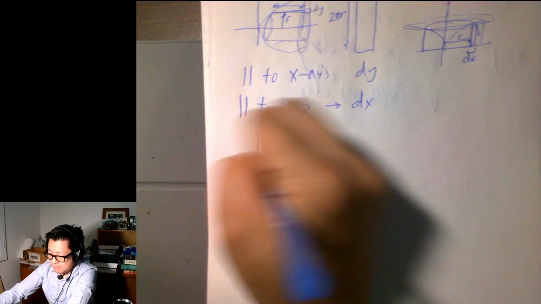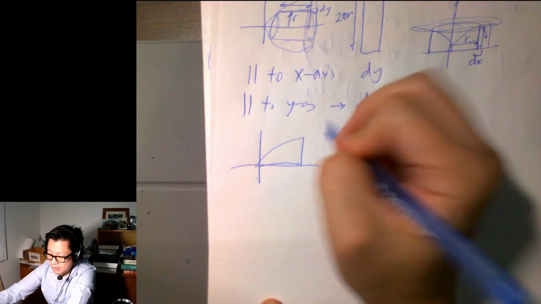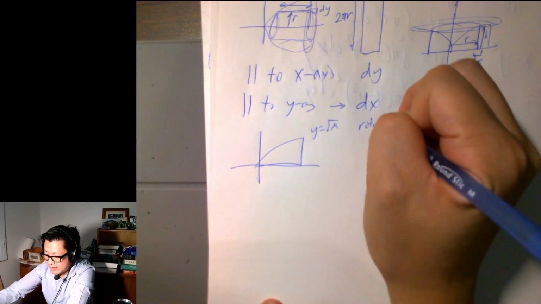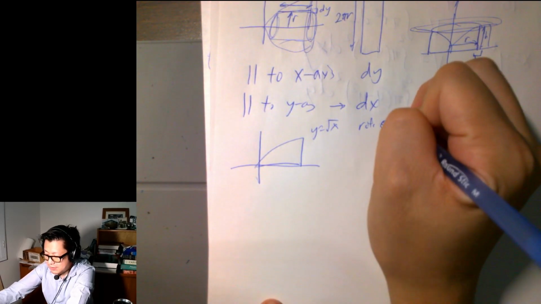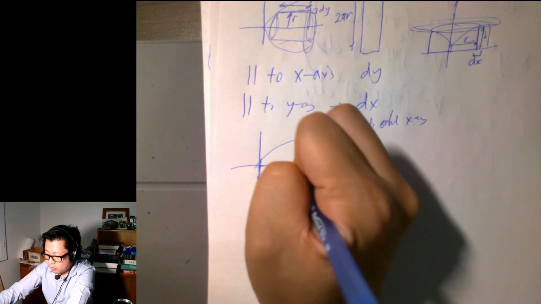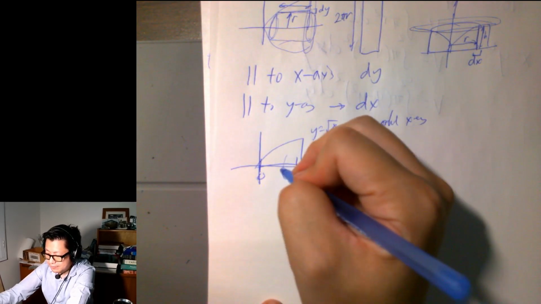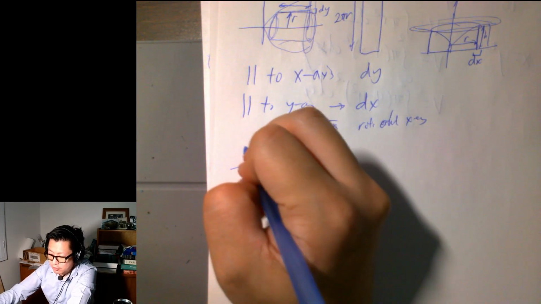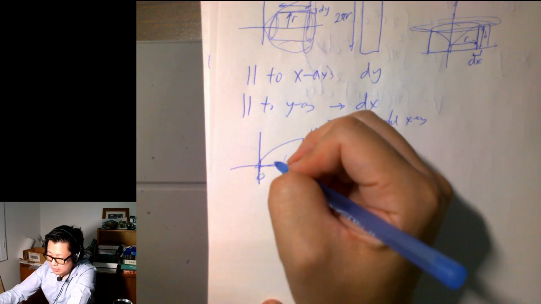Let's go with this one. So again, this is y equals square root of x, rotated about the x-axis from 0 to 4. And instead of drawing my disk, I'm going to draw my shell.